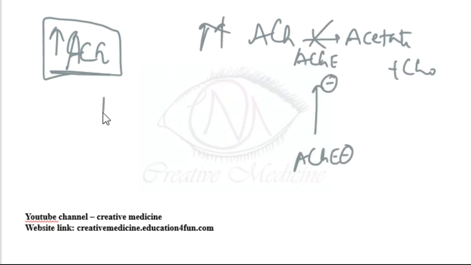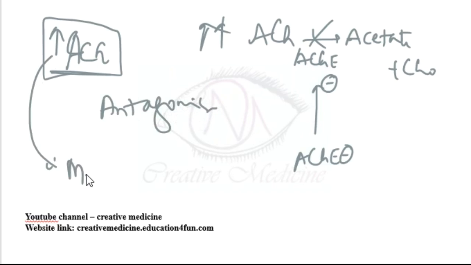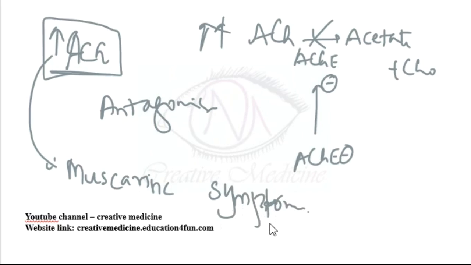Because of this increased acetylcholine, muscarinic side effects may be seen. So in order to counteract the muscarinic side effects, we should give an anti-muscarinic drug, and glycopyrrolate is more preferred than atropine.